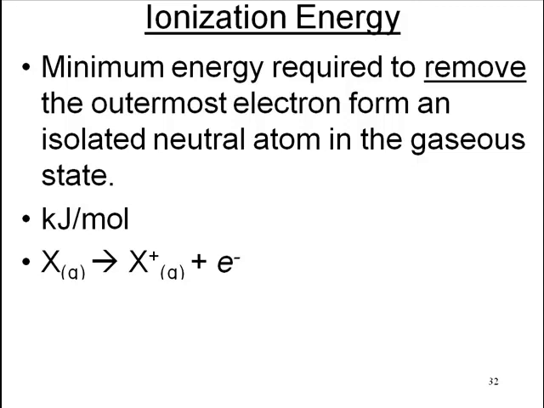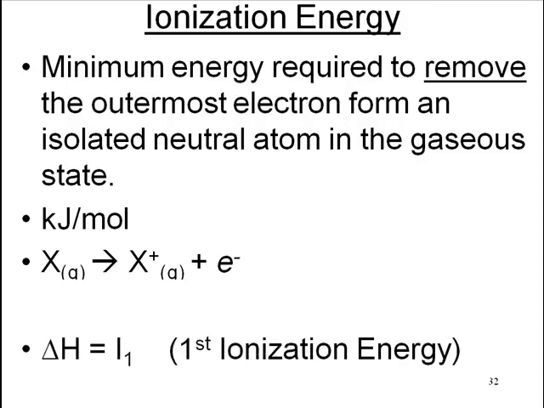X is, again, not a real atom, just a particular one. This value is also abbreviated as delta H, the change in enthalpy. The I sub 1 means the first ionization energy, so removing the first electron. And if you're removing a second one, it's going to be I sub 2.